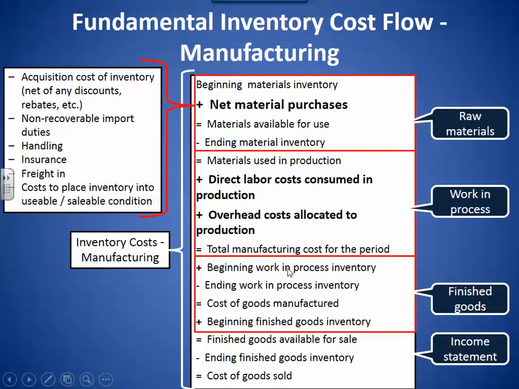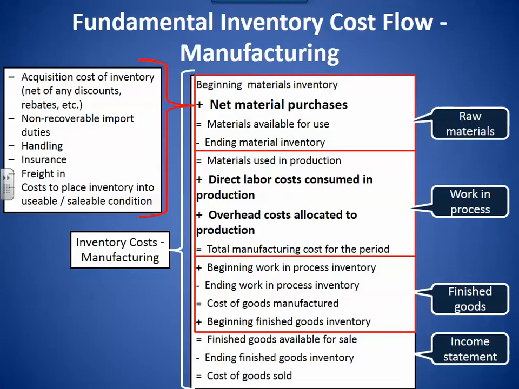To that we add our beginning work in process inventory. We subtract out the ending work in process inventory, and that equals our cost of goods manufactured. So that in effect equals all the items that have gone through and been completed in work in process.